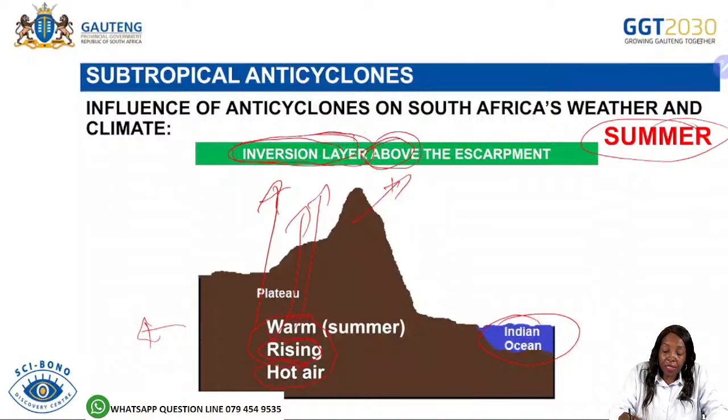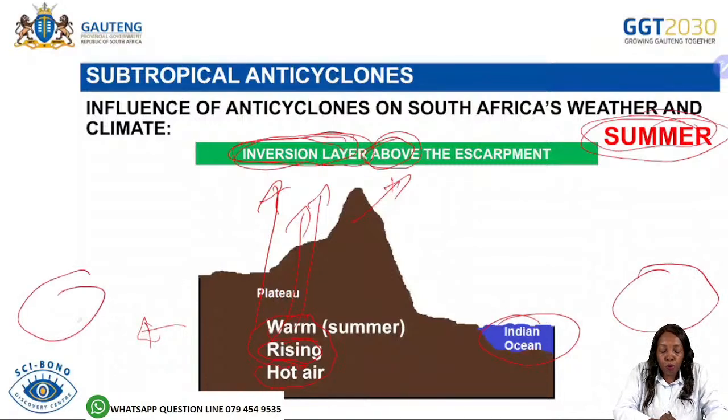So if it's summer, the position of the Kalahari high pressure is more in the northerly direction. It has shifted in the northerly direction, which then says even the high pressures follow the direction of the ITCZ, which then says the Kalahari high pressure would be in the north, and the 2 other high pressure cells that we have discussed here would also move closer now to the country if it is winter.